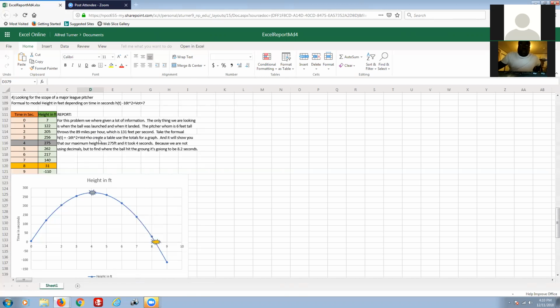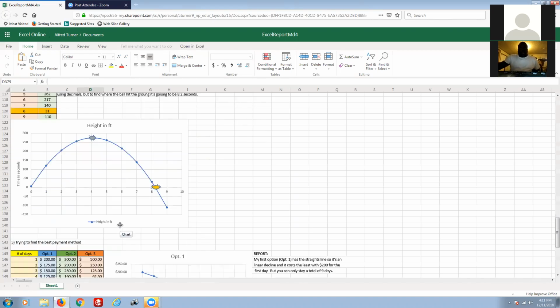Using the formula, it shows that our maximum height was 275, which is right here, color coded. It took 4 seconds because we are not using decimals, but the ball hits the ground at about 8.2 seconds, which is right here between these two numbers.